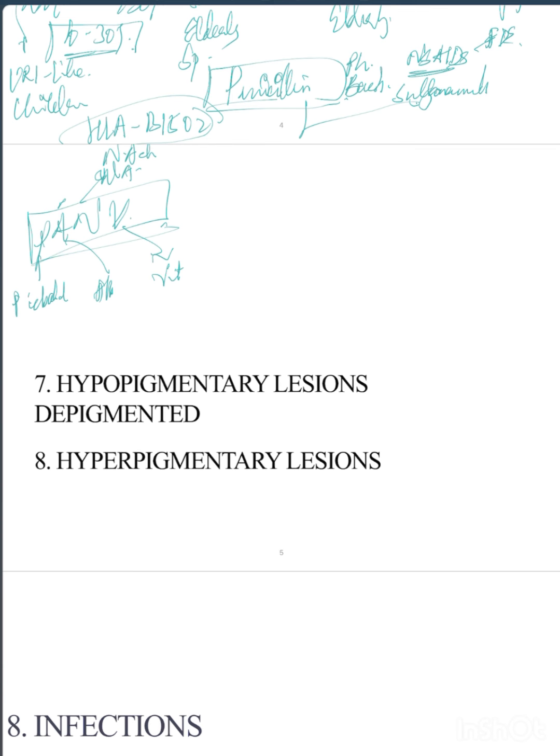And then there is albinism versus vitiligo, which is important purely because albinism is present at birth directly, because it is an inherited disorder, autosomal recessive. It is because of deficiency of tyrosinase. However, vitiligo is not congenital.